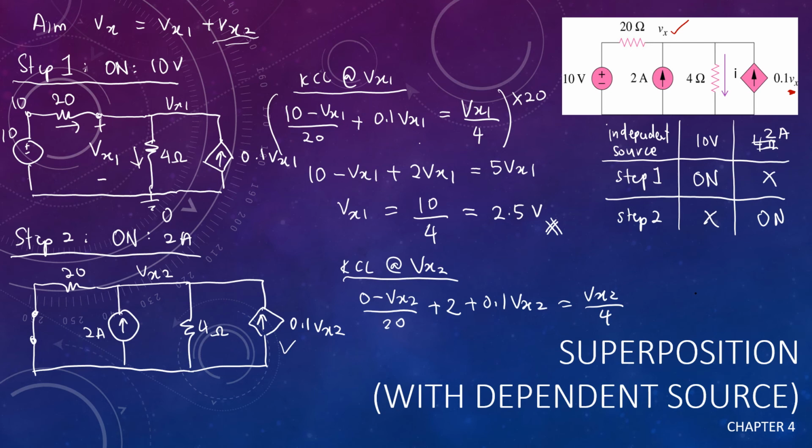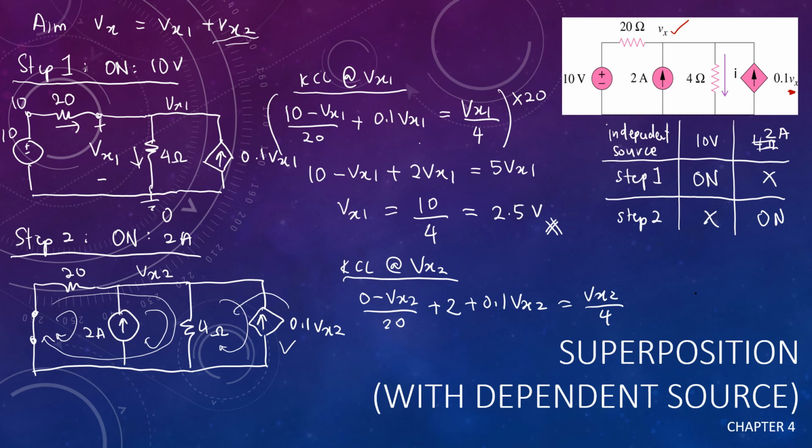For step number 2, if you apply mesh analysis here, you're going to have two equations, because with a current source you get a supermesh, and there's another equation because of the dependent current source.